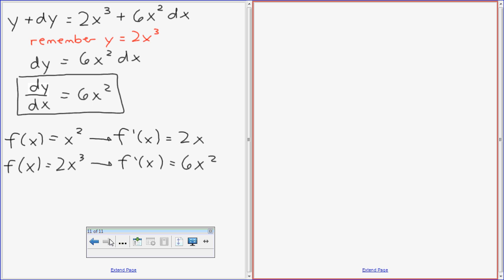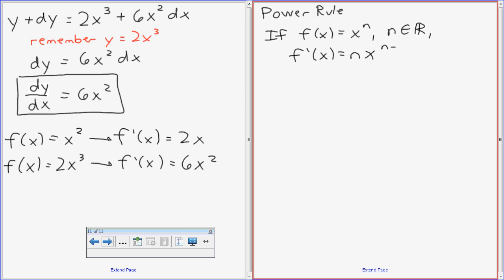I want to prove this. This is called the power rule. If f of x equals x to the n, where n is a real number, f prime of x equals nx to the n minus 1.